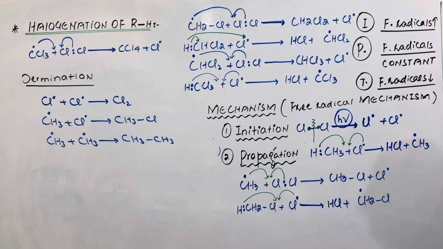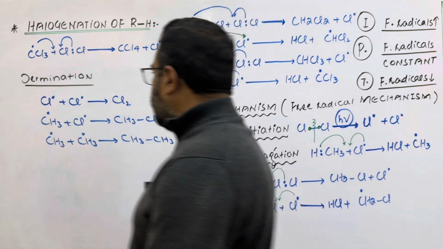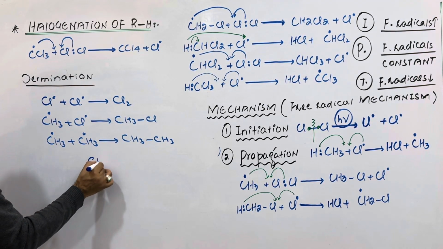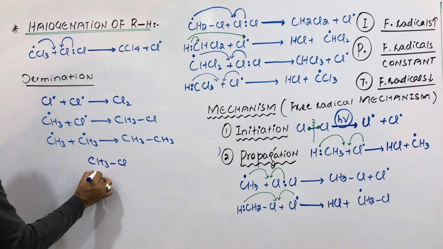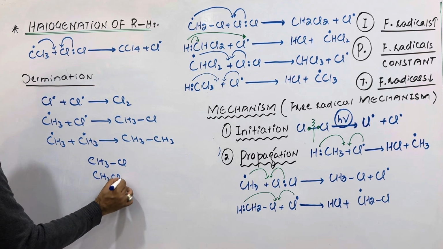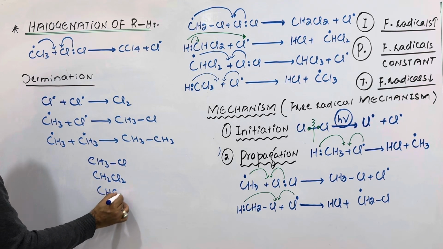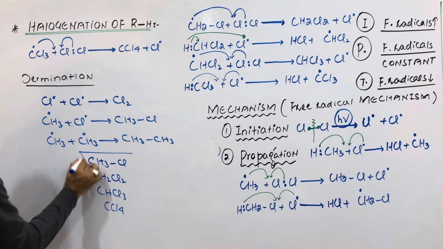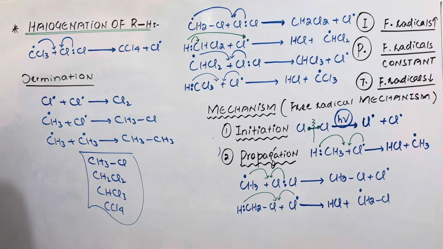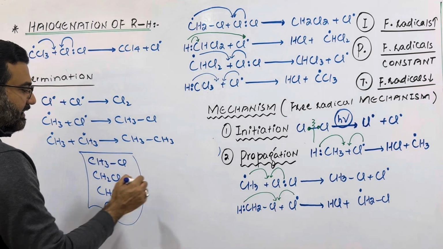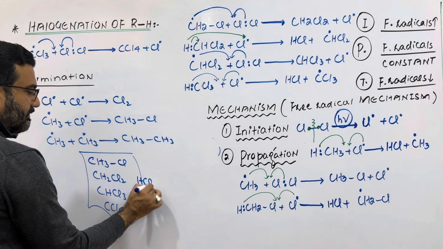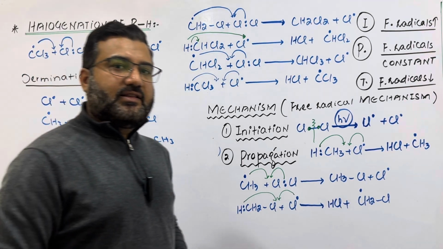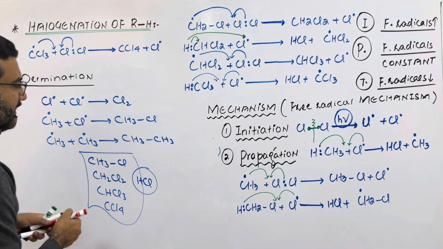And there is one very important thing. Students keep in mind the products of the chlorination of methane as methyl chloride, methylene dichloride, chloroform, and carbon tetrachloride, and HCl. They forget one of the products that can be asked in the MCQs, and that is ethane.